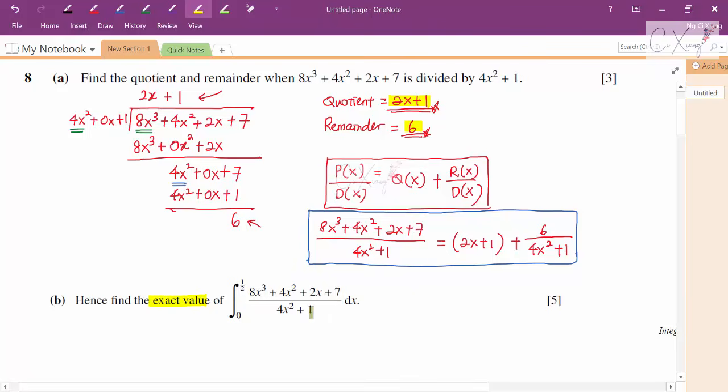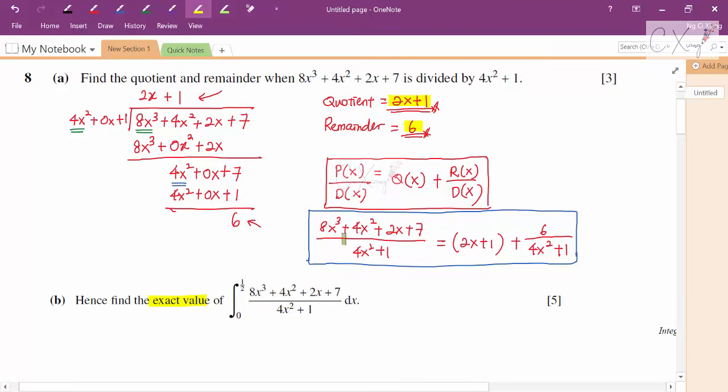If we look at this question and try to link it with part A, you can see that this part of the question is similar to what we did just now in part A. If we compare this and this together, it's actually what we did in part A just now.